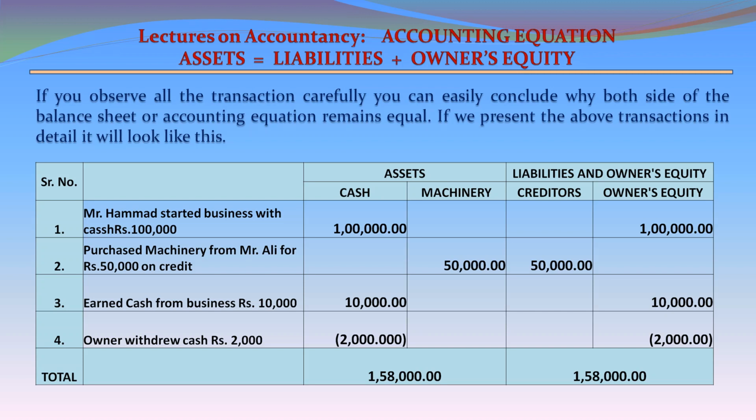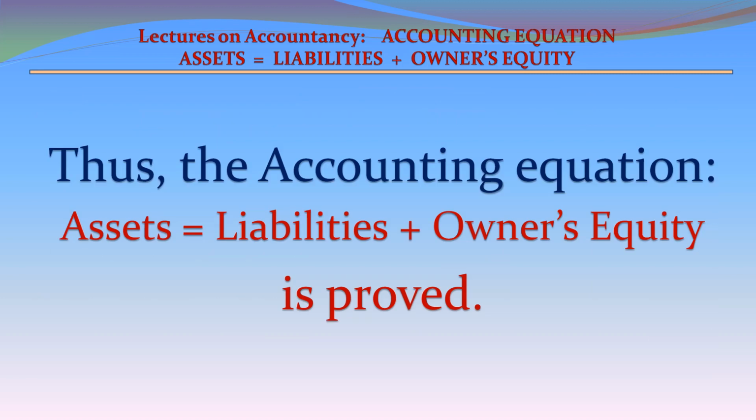Transaction 4: owner withdrew cash 2,000. Cash minus 2,000, owner's equity minus 2,000. Total assets, cash plus machinery, 158,000, and liabilities and owner's equity total 158,000. Thus, the accounting equation assets is equal to liabilities plus owner's equity is proved.